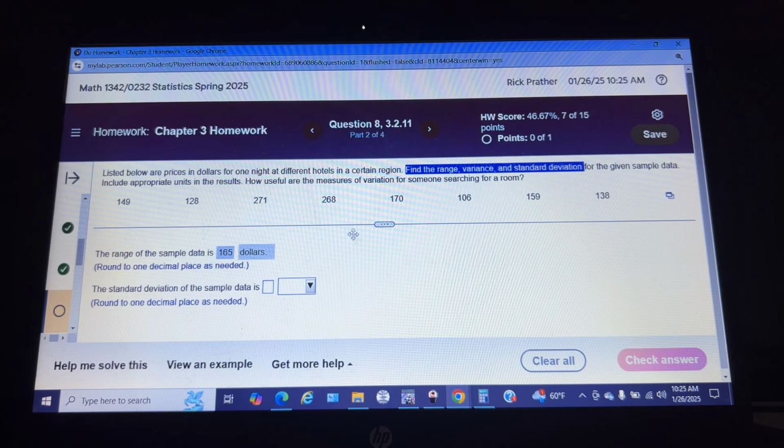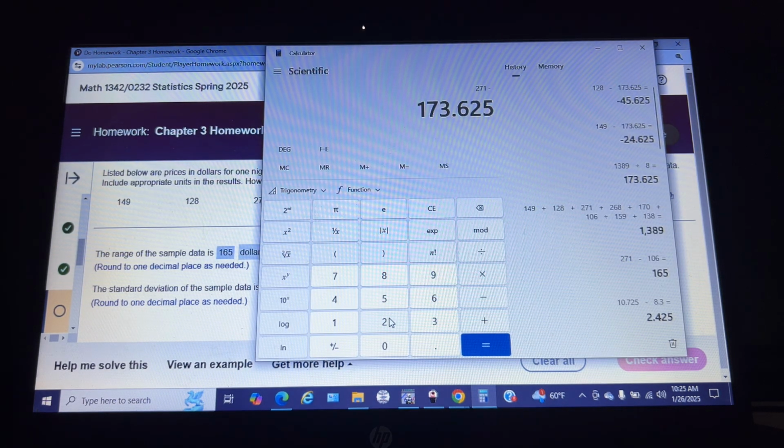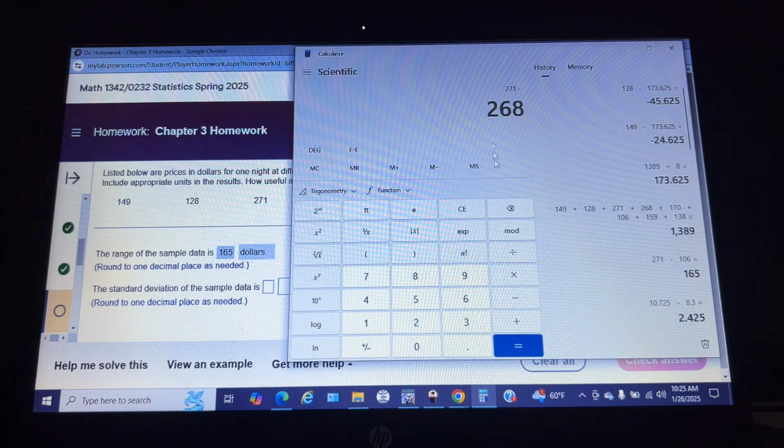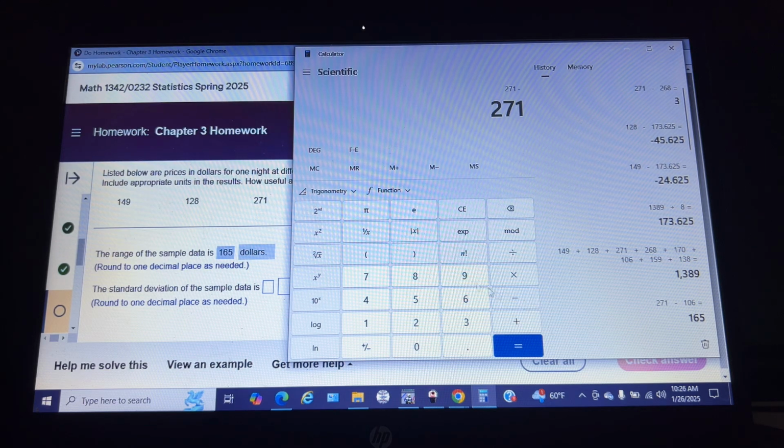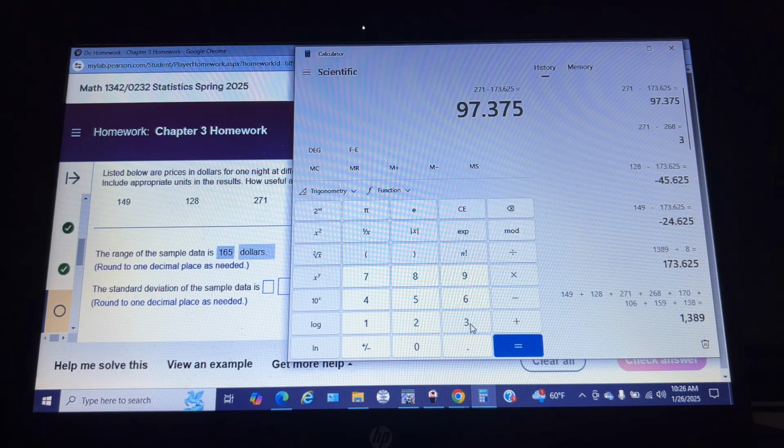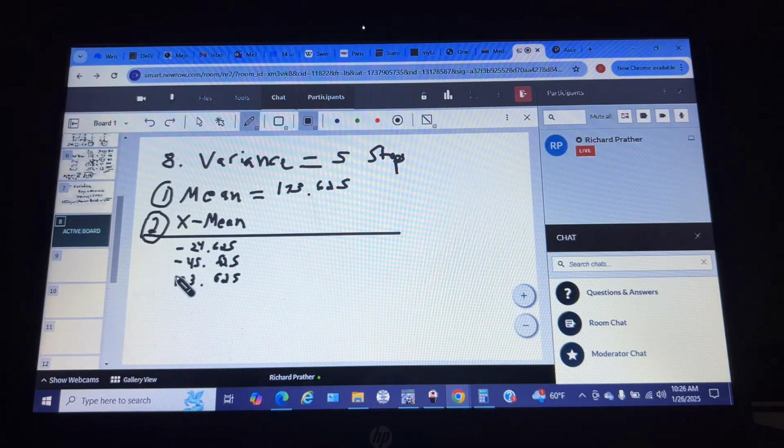Wait, I think I didn't press enter on that one. Okay, let me do that one again. 271 minus memory recall. Yeah, I forgot to hit equals is what happened. So that was 97.375. What caught me was I knew they couldn't all end with that 625 decimal. So 97.375.